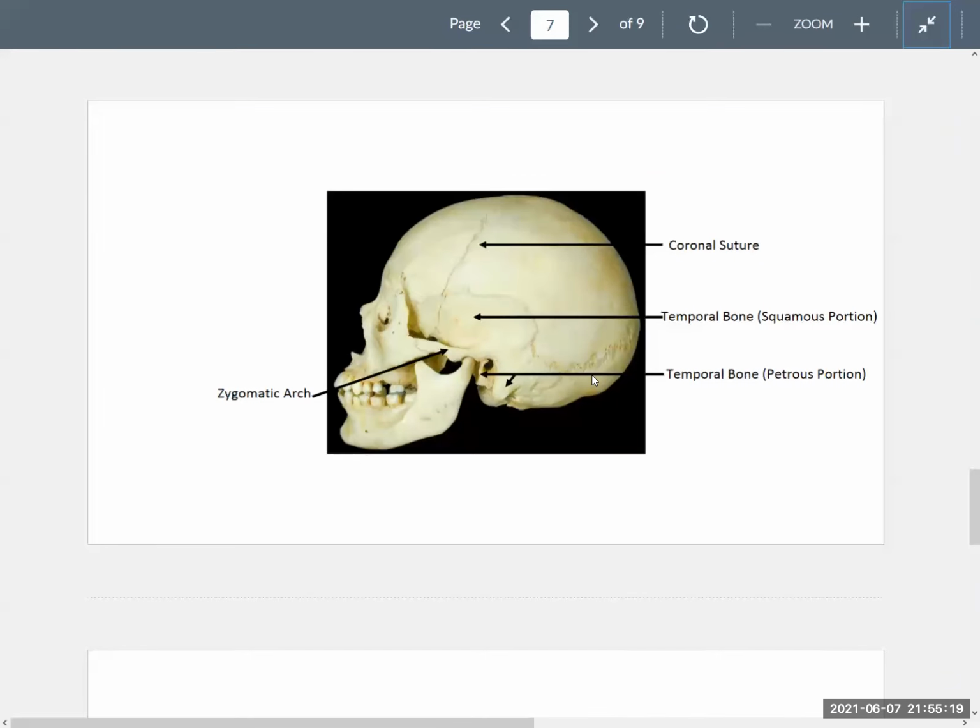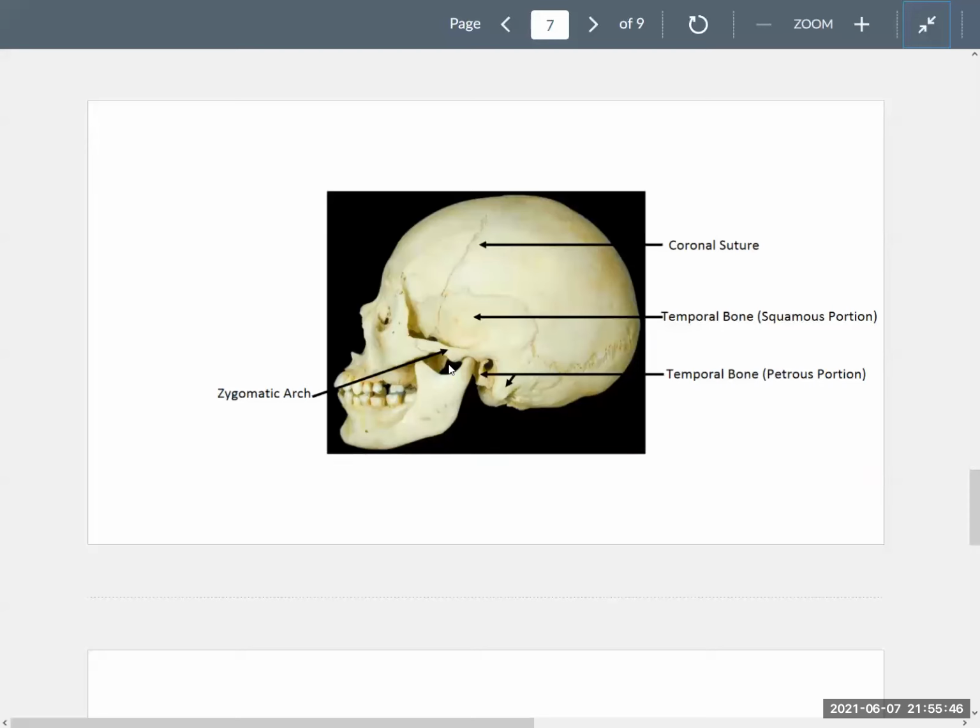Okay, we were on this one previously. The only thing that we didn't cover was the zygomatic arch right here. If you think of a bridge, is a bridge usually made of just one piece, especially an old-fashioned bridge, an old stone bridge?